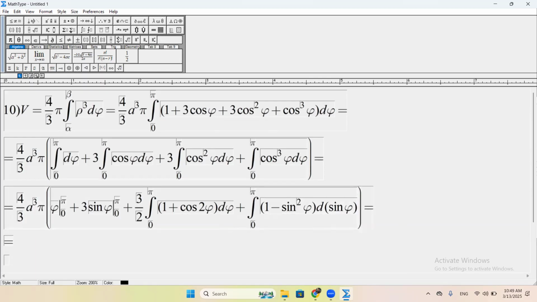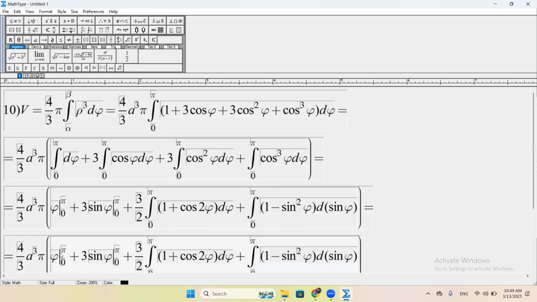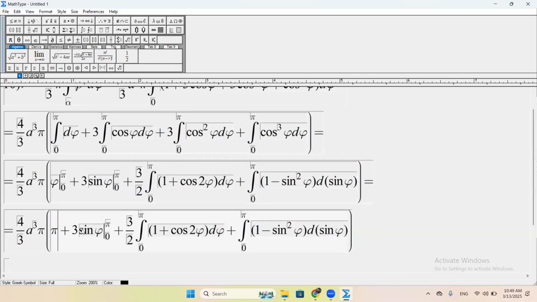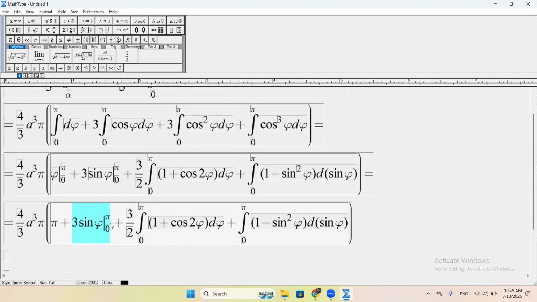And now let's rewrite what we receive. Here we have just p. It is 0, so sine of p minus sine of 0.